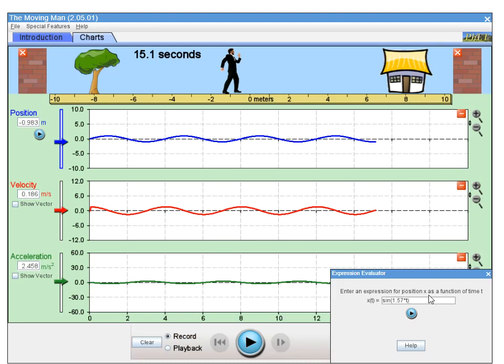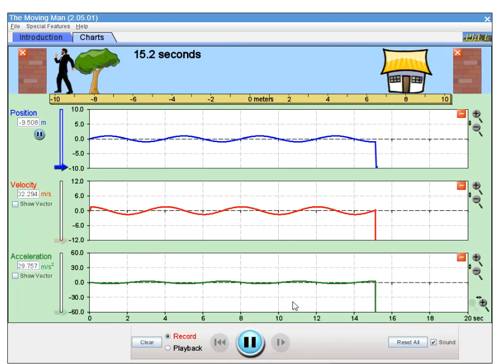I have something in there already that says sine 1.57 times t. I'll set it to 10 times that, so this is x of t equals 10 times sine of pi over 4 t. I don't know for sure whether it will start running. Okay, yeah, it started running.